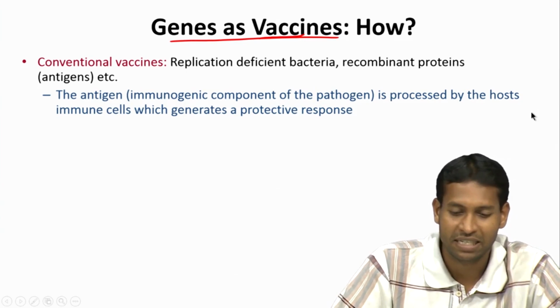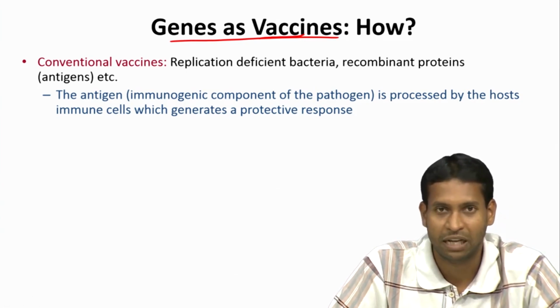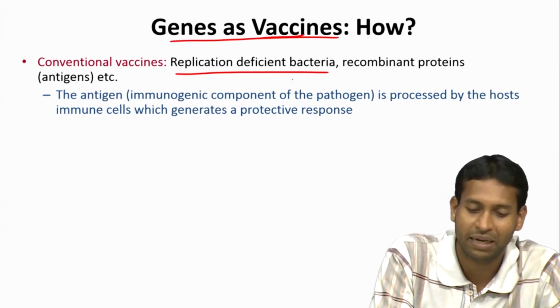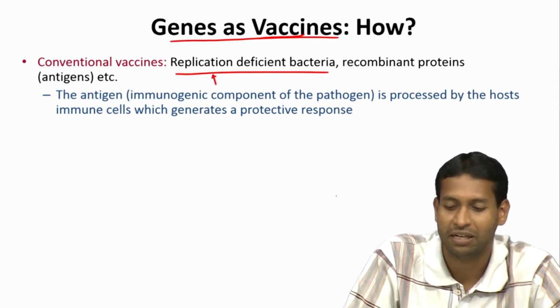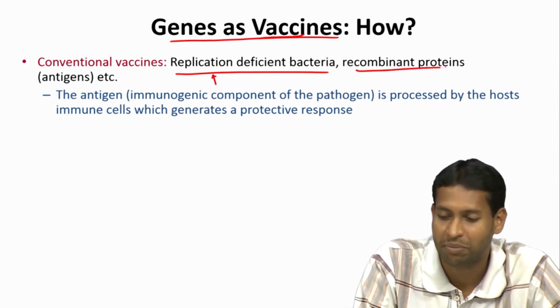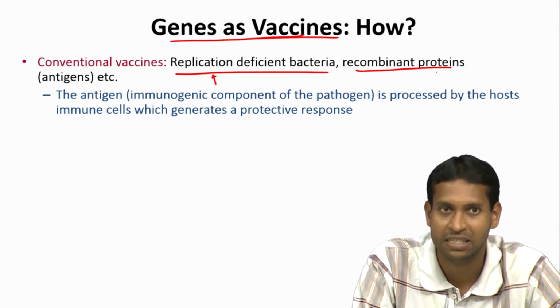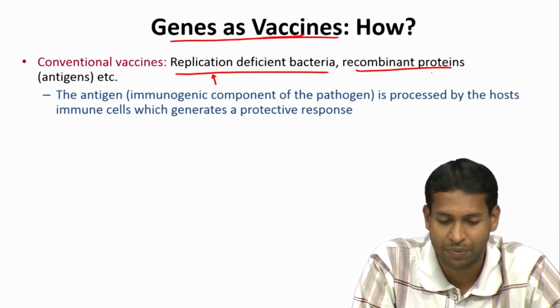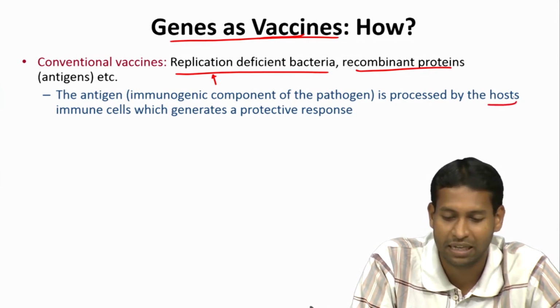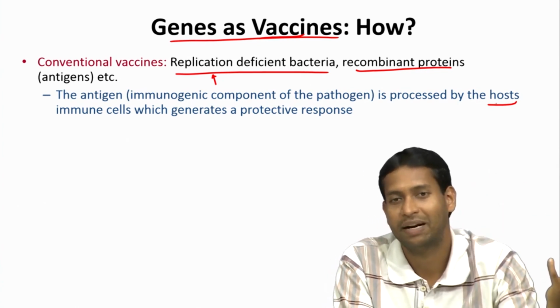In conventional vaccines, you deliver inactivated bacteria, which could be replication defective, or you use recombinant proteins, subunit vaccines. These antigens, which are the immunogenic component of the pathogen, are then processed by the host cells, mainly dendritic cells and macrophages, and presented to the adaptive immune response.